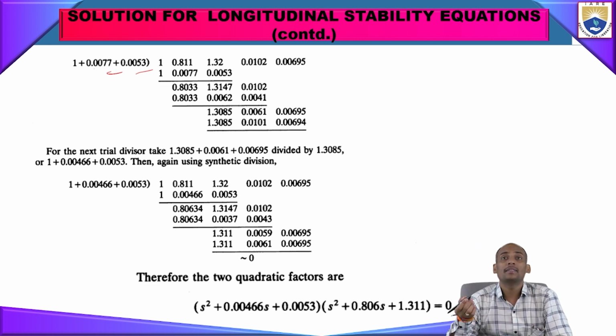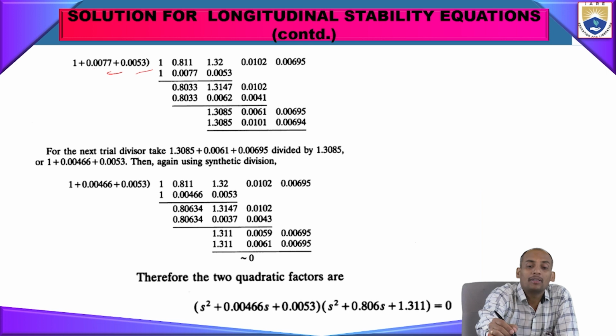If you do the synthetic division for this, first you take the coefficients of the equation: the s power 4 coefficient, then the s cube coefficient, the s square coefficient, the s coefficient, and the constant. Then first we need to divide with this one.